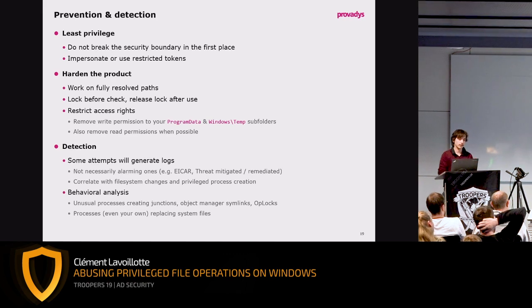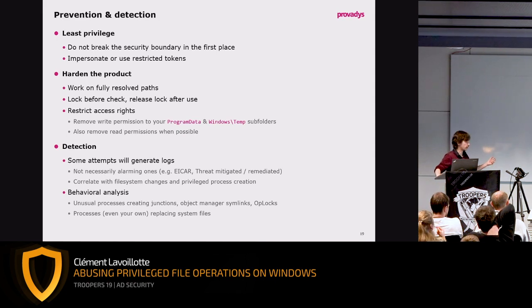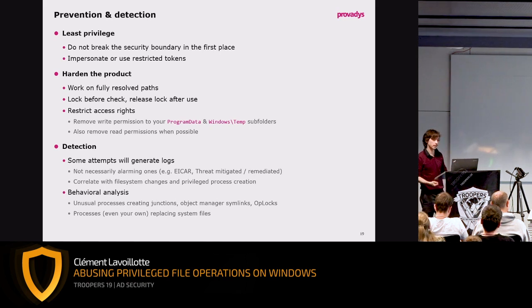And defenders can try to detect this because it will potentially generate some logs depending on the activity. For instance, if you start dropping EICAR everywhere, and it will also have some weird behavior like creating oplocks and using junctions and stuff like that that is not performed by your typical application.